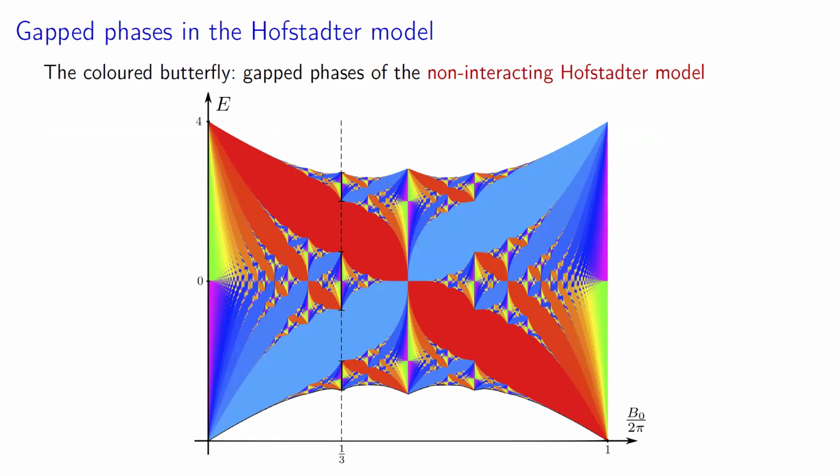Okay, so what I'm saying here is, again, this is the colored butterfly, though I don't know why I had this 1/3 in here, sorry. This is the colored butterfly for the non-interacting Hofstadter model. These colors are regions where the many-body gap is stable. So if we are in this parameter range with V and mu, we have a stable many-body gap.